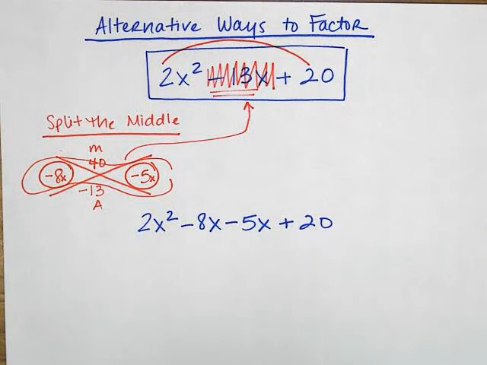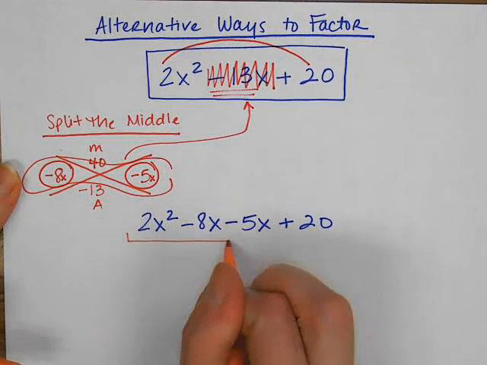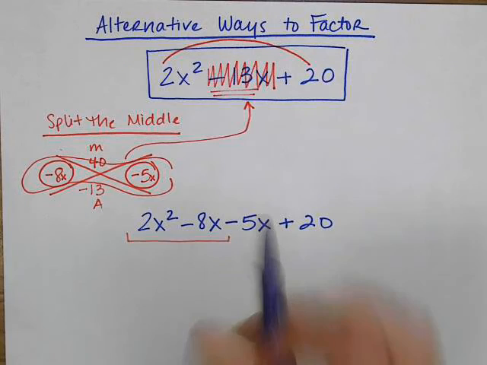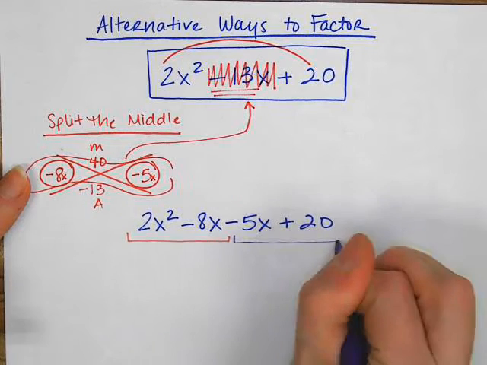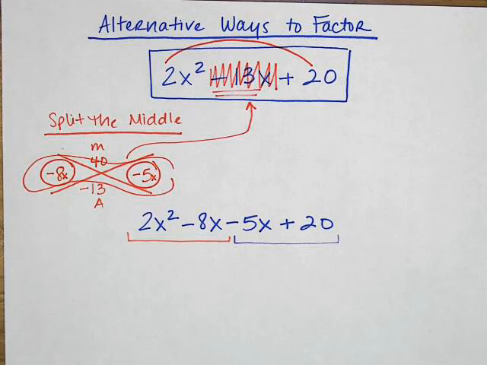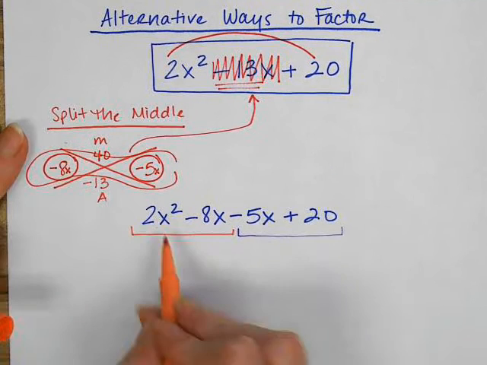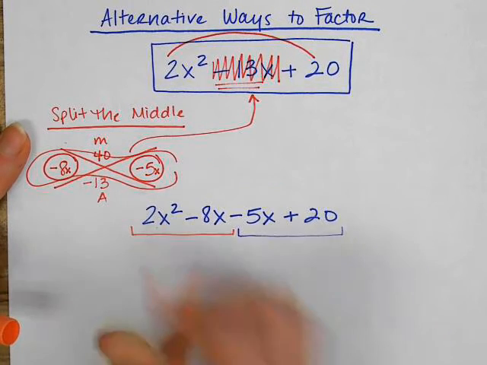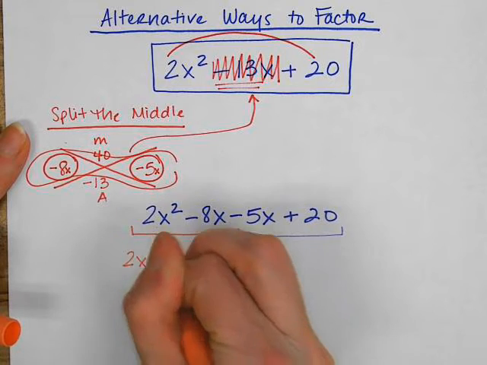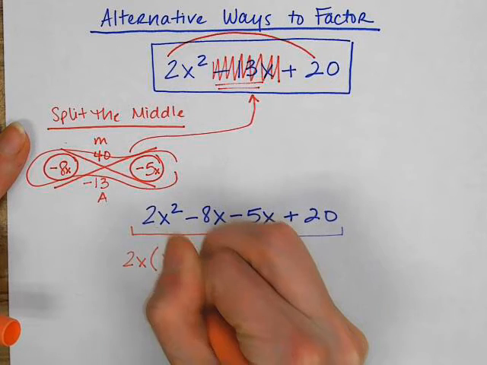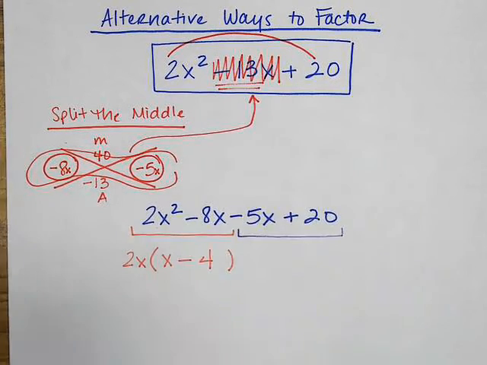And then this should look familiar, because now you're going to factor by grouping the four terms. Remember factor by grouping whenever you have four terms? That's where you take out the GCF of this pair, which is 2x, and you're left with x minus 4.